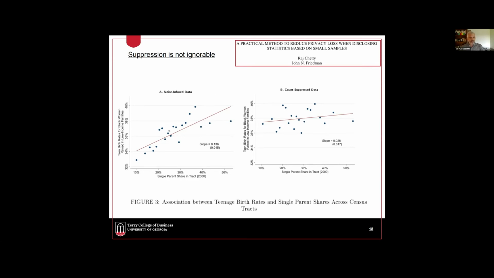They focus on the example of the relationship between the single parent share in a tract and the teenage birth rate for Black women raised in low-income families. It turns out that the cell suppression rule, which suppresses cells that have a small number of individuals, is correlated with the single parent share and with the teenage birth rate in a way that alters the estimated relationship between these two. Again, with the count-suppressed data, it would be very difficult to conduct a privacy-aware analysis that would allow you to draw the inference that you would get from the noise-infused data.